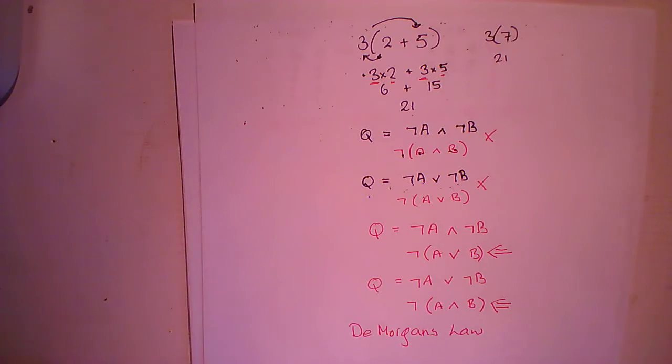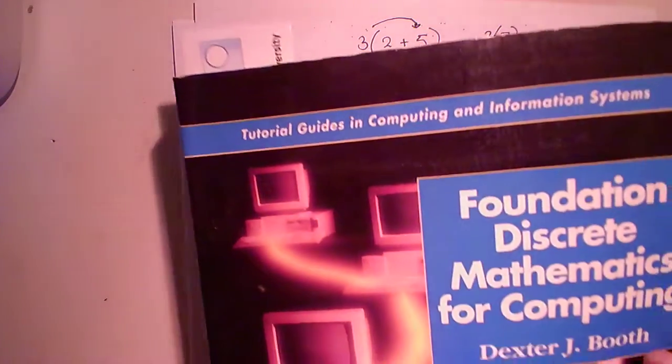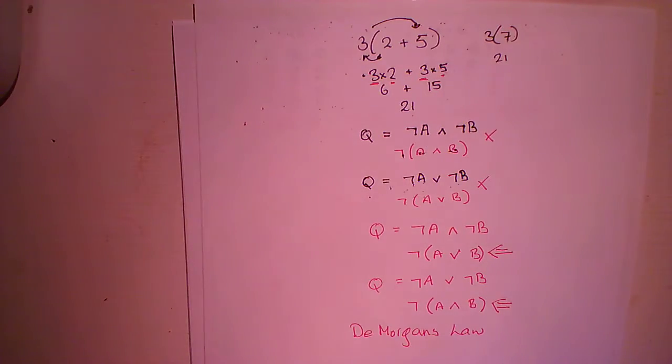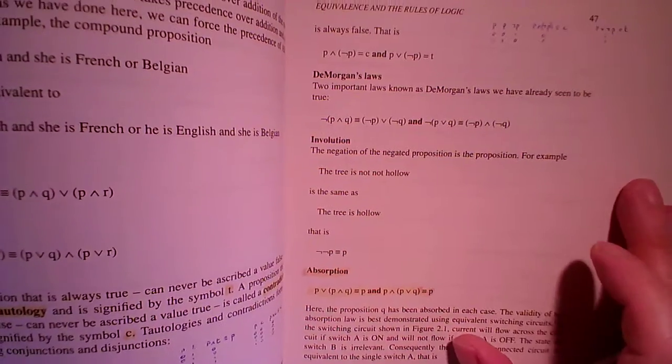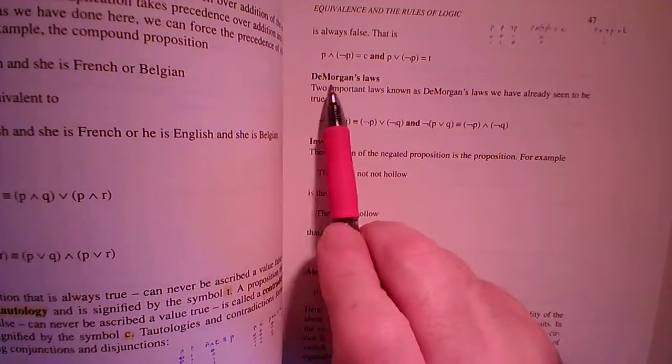And just to sort of prove it, I've got discrete maths for computing. I'm going to open it up to this page. See if I can get it under the camera. And what we're looking at here is something called De Morgan's laws.